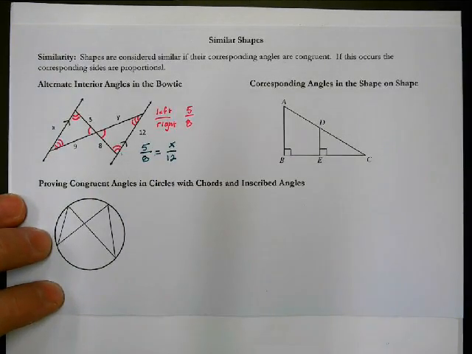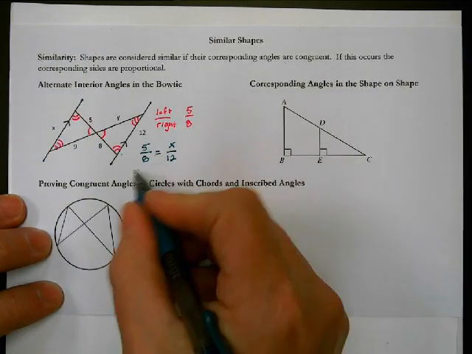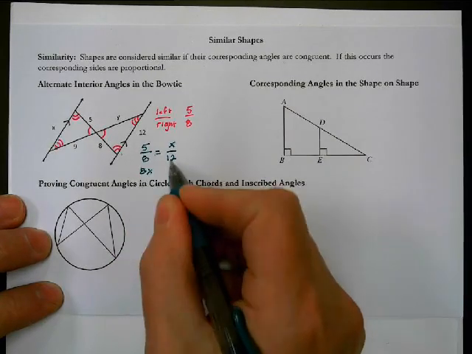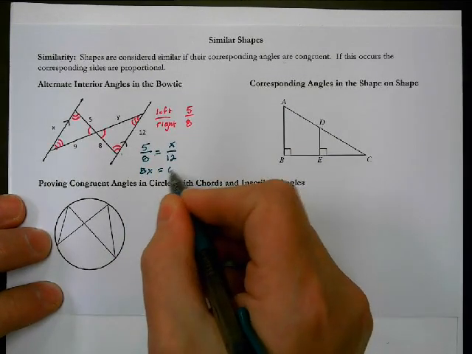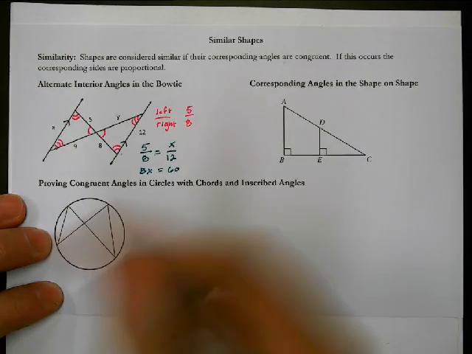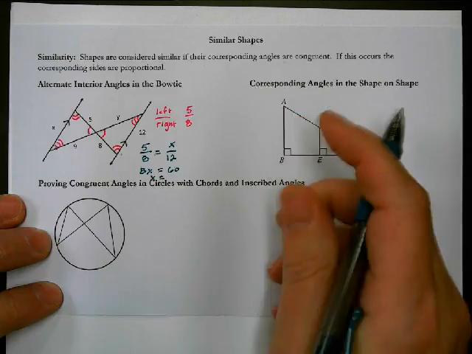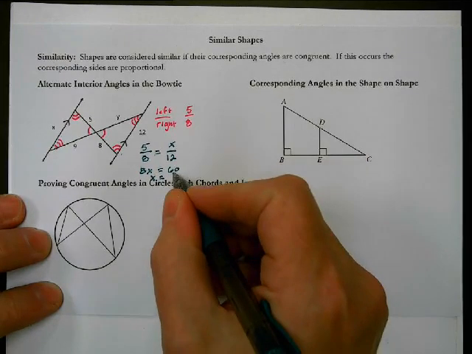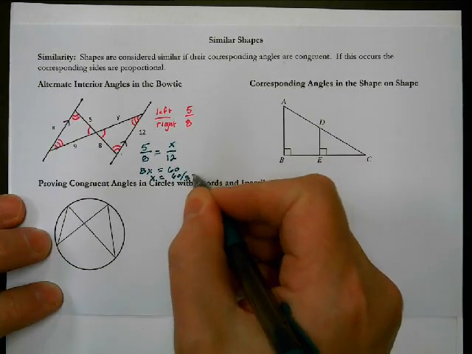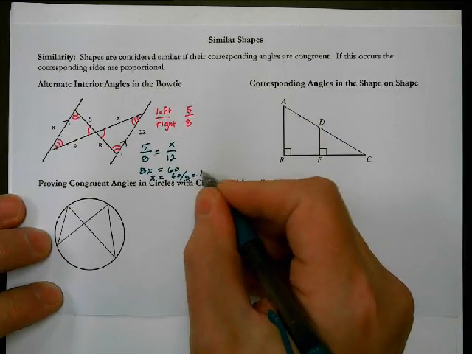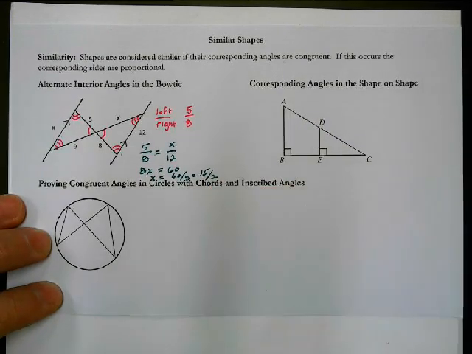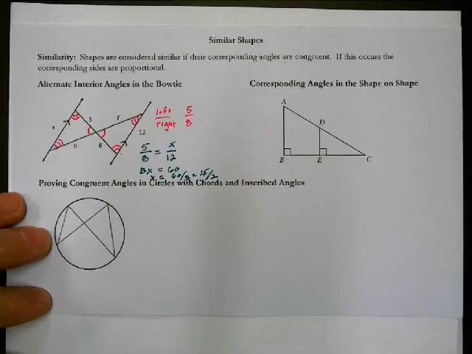And now you can just use cross products to solve it. 8 times x is 8x, 5 times 12 is 60, and then you can divide by 8 on both sides, and you would get 60 over 8, which reduces to 15 over 2, 7.5.